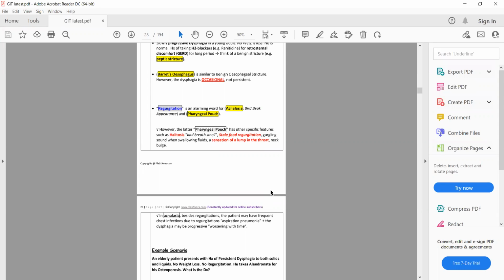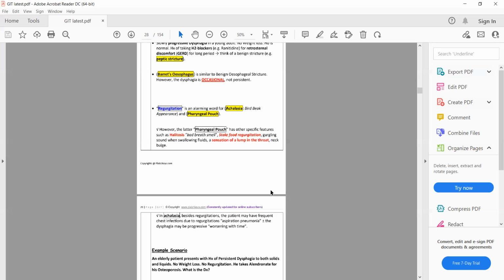There might be esophageal stricture. Yes, it can be stricture of the esophagus. But first tell me, along with dysphagia for both solids and liquids, what were the other diagnostic points for achalasia?